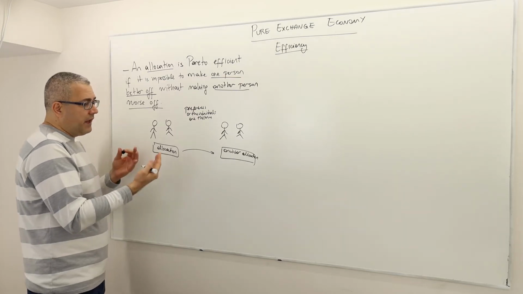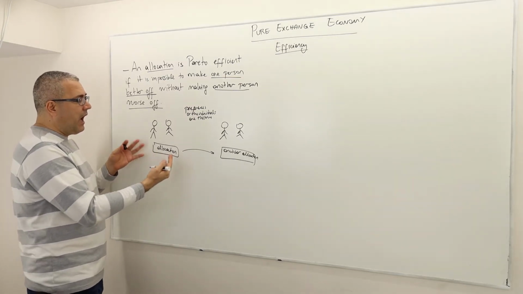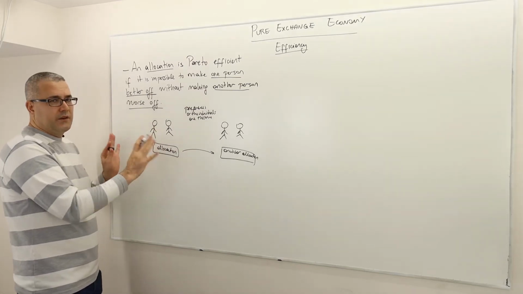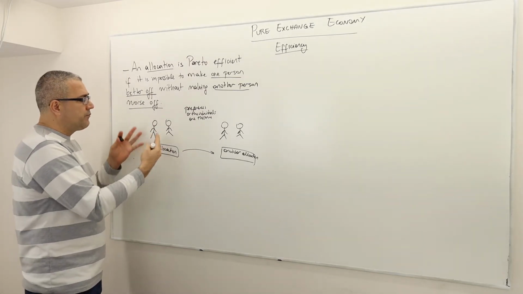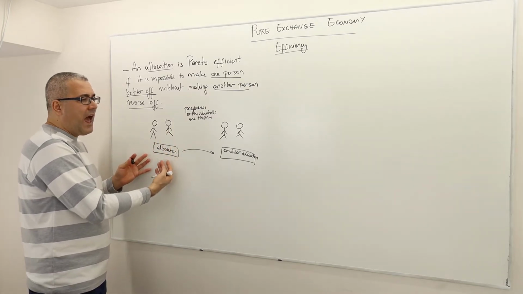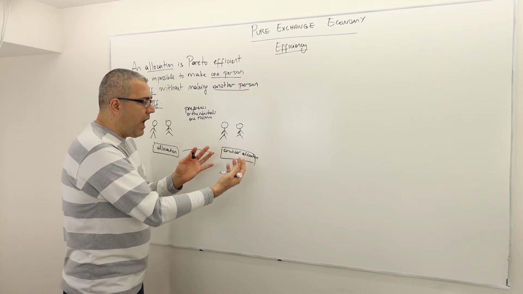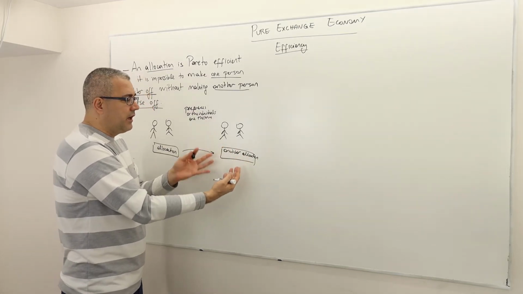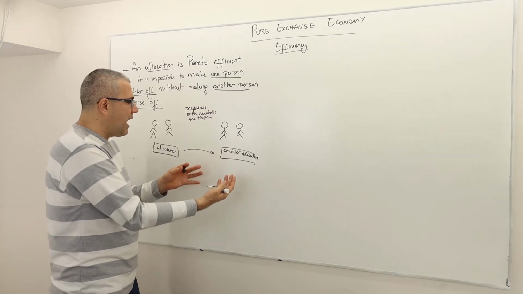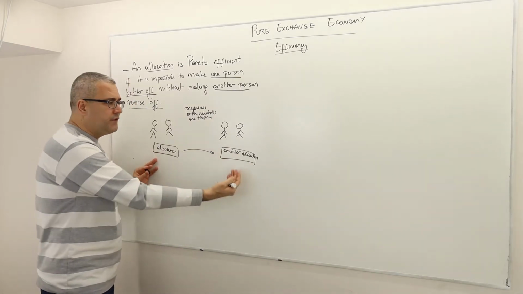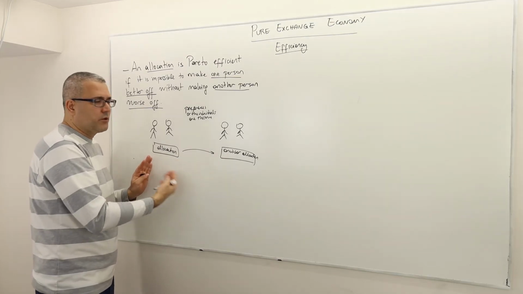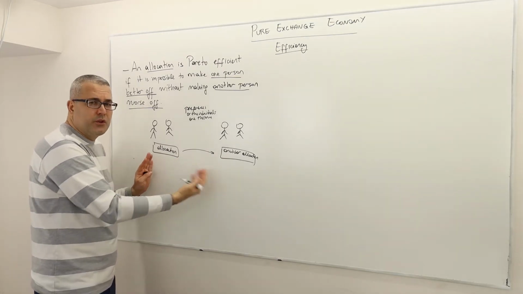Then I'm comparing how happy these two individuals will be. Or maybe there are more than two, so at least two. I need to see how happy these individuals are, and then how happy they are in the second scenario under another allocation, and compare these welfare levels, or well-being levels, or utility levels.